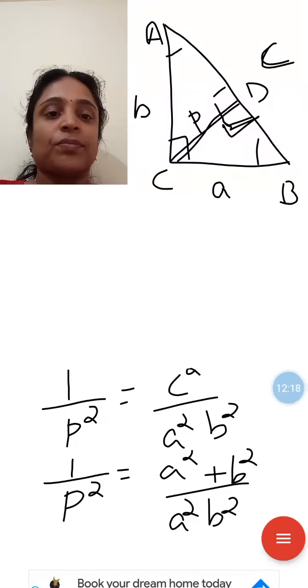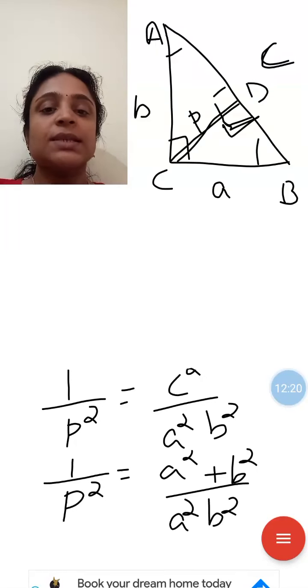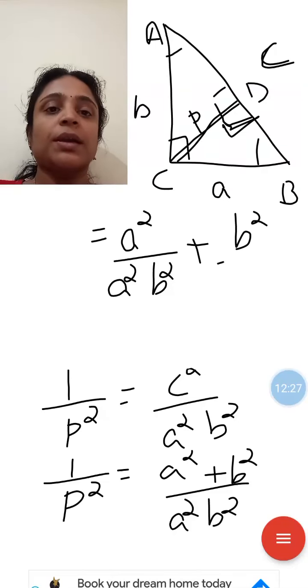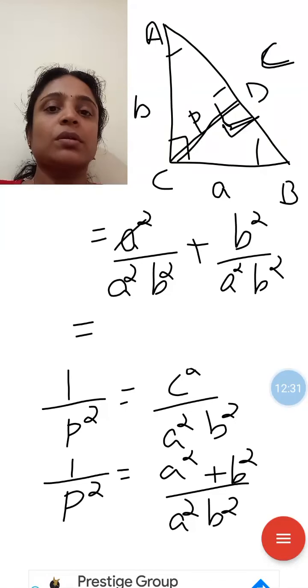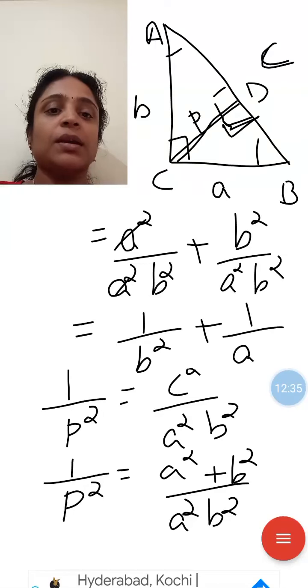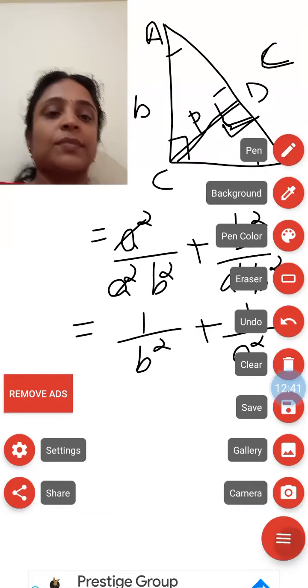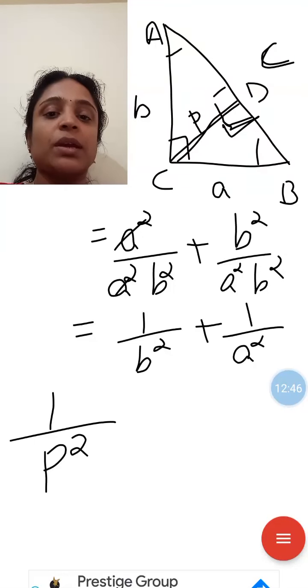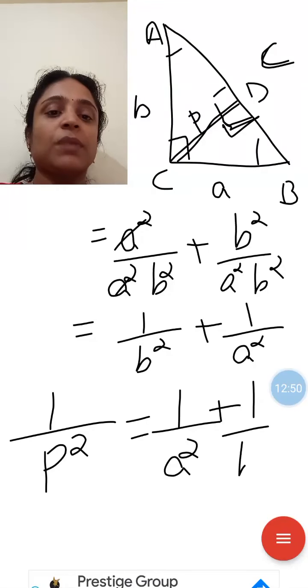Which is equal to A square by A square B square plus B square by A square B square, which is equal to 1 by B square plus 1 by A square. So, we got 1 by P square equal to 1 by A square plus 1 by B square, hence proved.